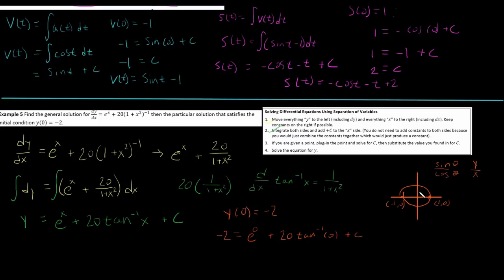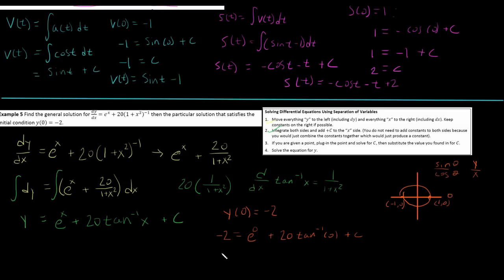Well, if we just think about going from 0 to pi over 2, then that's enough. So we can think of inverse tan of 0 as the angle 0.